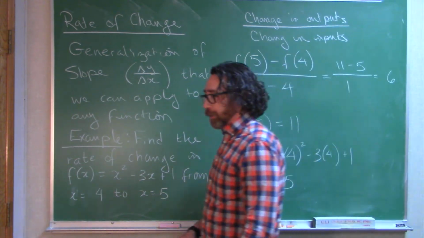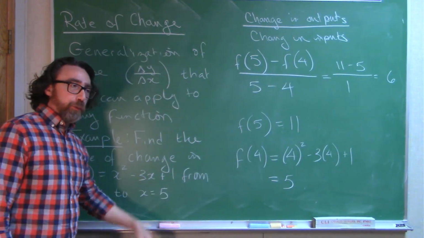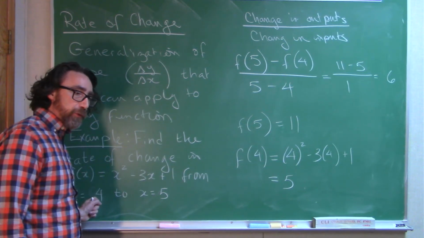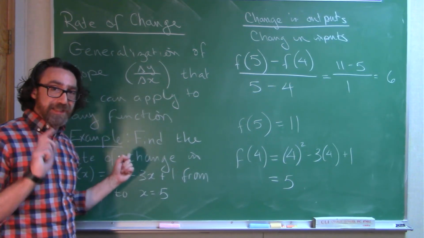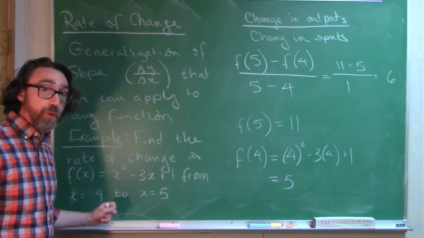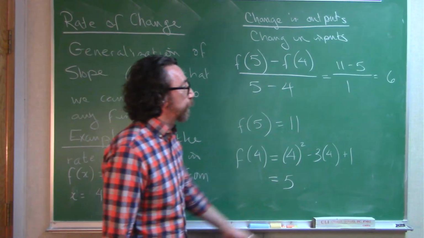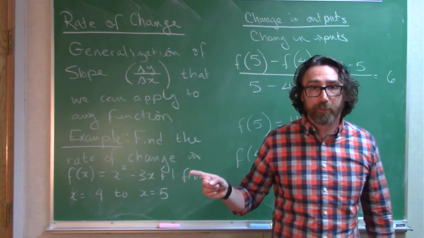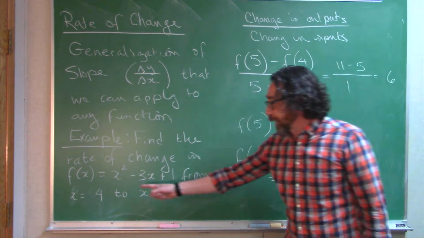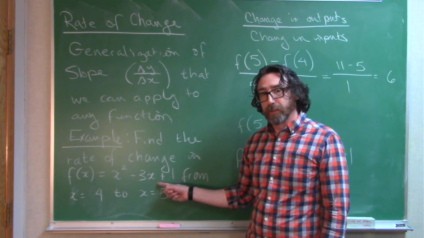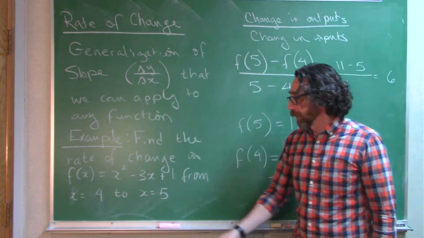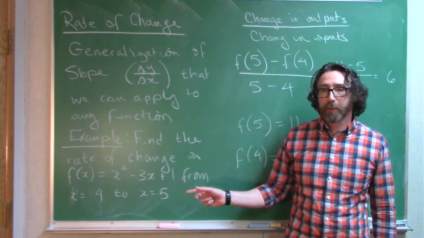Okay, so in the last example we looked at, we found out that the rate of change from x equals -2 to x equals 5 was 0. Here, if we look at the rate of change from x equals 4 to x equals 5, we see that the rate of change is 6. Now, when we're dealing with non-linear functions like this, the rate of change will vary depending on where you're starting and where you're stopping.